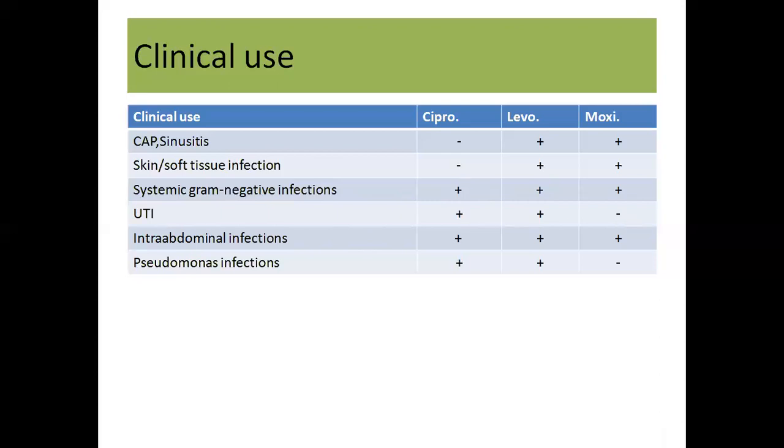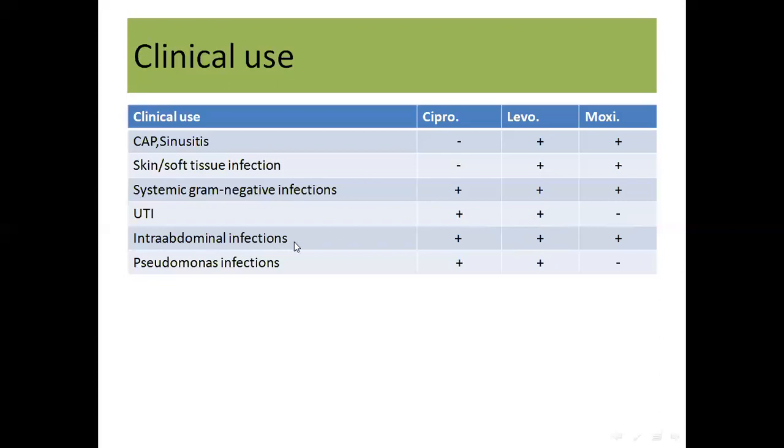The excretion of moxifloxacin is not through the kidney, so it does not reach adequate therapeutic levels in the urine. So moxifloxacin should not be used for urinary tract infection. While Levo and Cipro achieve adequate levels in the urine, so they can be used for urinary tract infections.